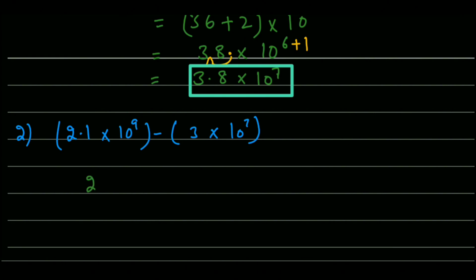So if we are making 9 as 7, we have to subtract 2. We are reducing the power, so our decimal will move two numbers to the right side, 1, 2.